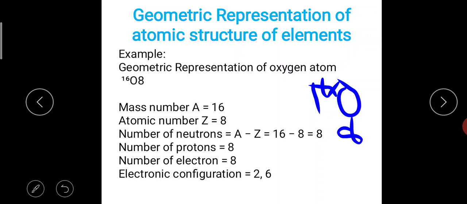The number of electrons is also 8, because the number of protons is 8, which equals the number of electrons. So how will you write the electronic configuration here? In the K shell, 2 electrons, and in the L shell, the remaining 6 electrons. So it is 2, 6.